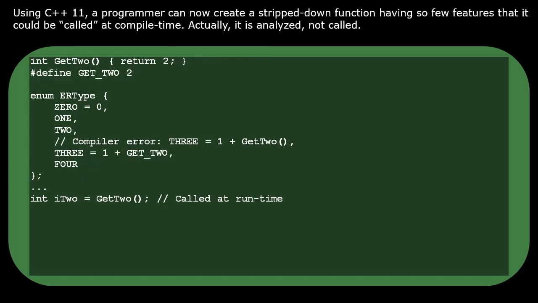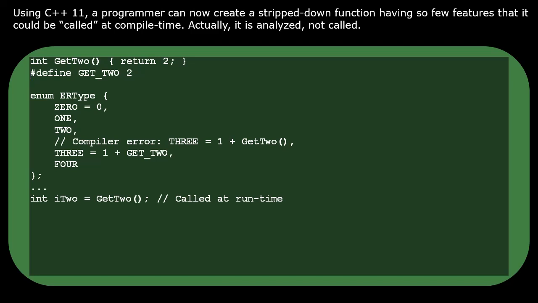We could have just used a macro, but our getTo function is so simple. It's a pity that we couldn't have used its function syntax instead. Of course, the enumeration can't actually call the function because calling is a runtime action.